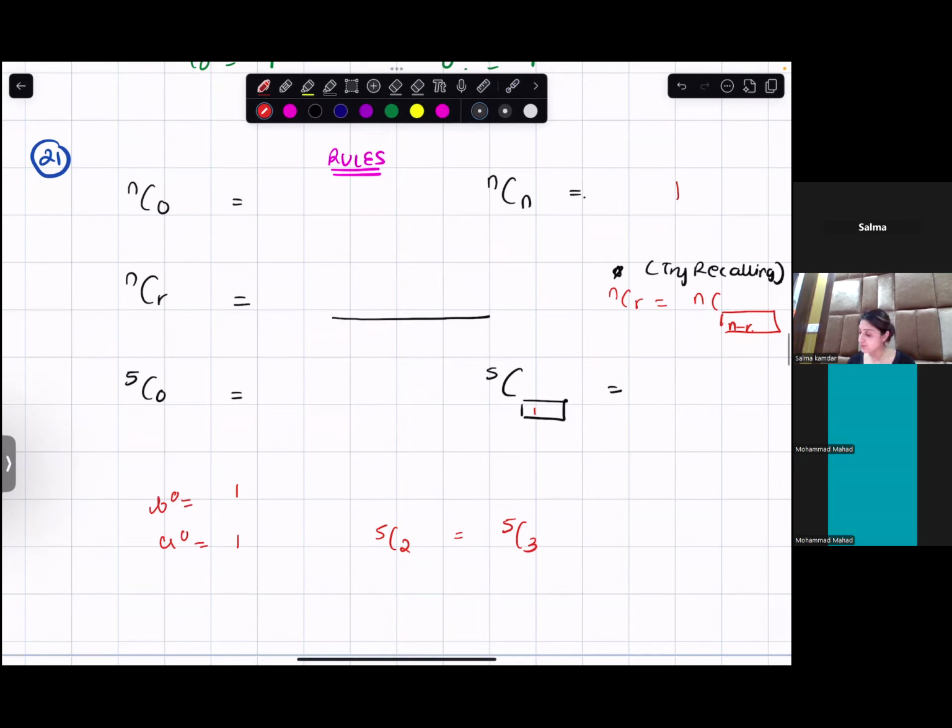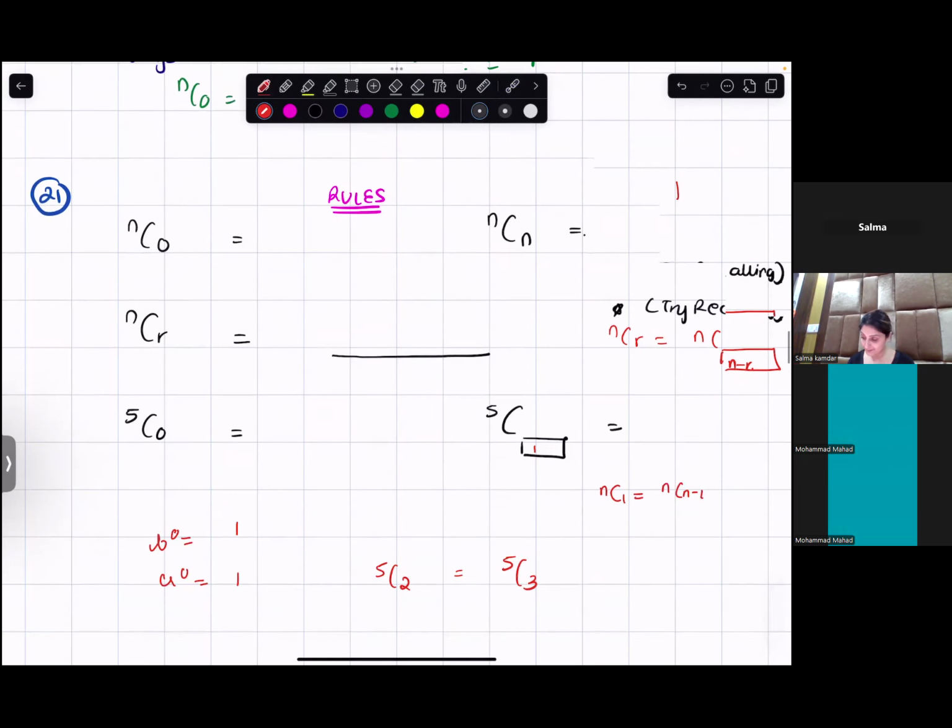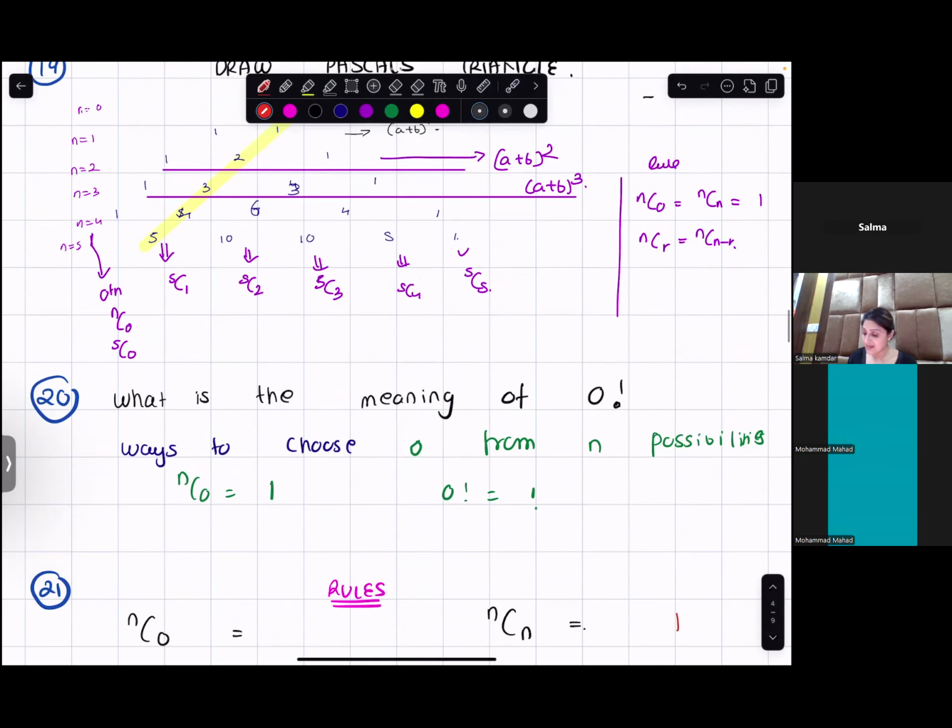Also, there is one more rule: NC1 is equal to NCN minus 1. So if I have 5C1, it will always be equal to 5C4.